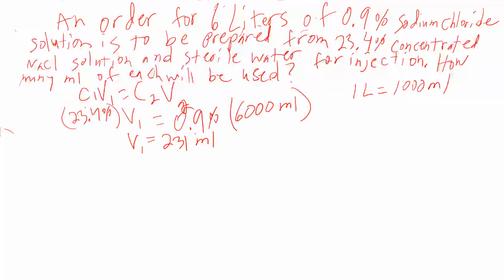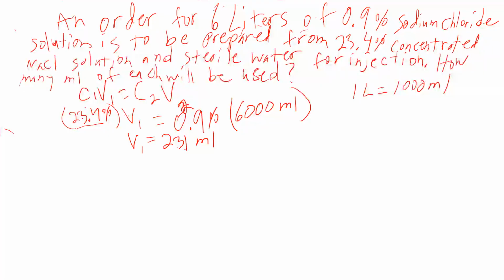Okay, so what that means is we know V1, so you look at the concentration right next to the V1, and we see 23.4%. So V1 is 231 mils of the 23.4%.